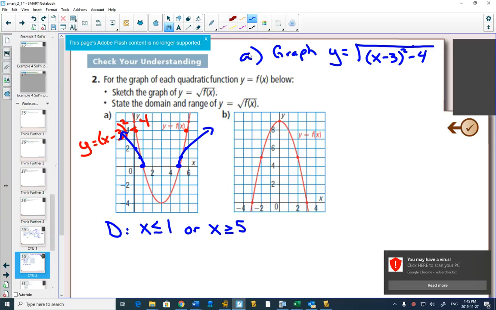The other way that you show this is in interval notation, this part would go from negative infinity to 1. This part would go from 5 to infinity.